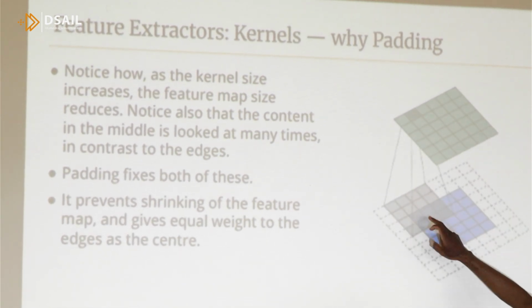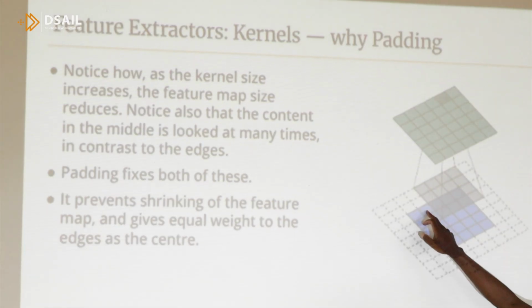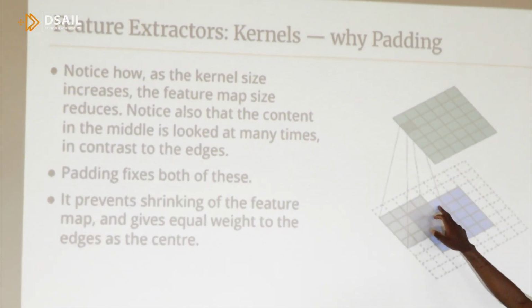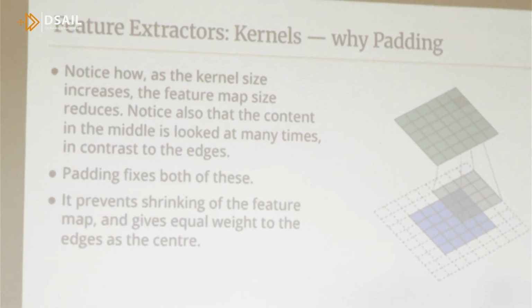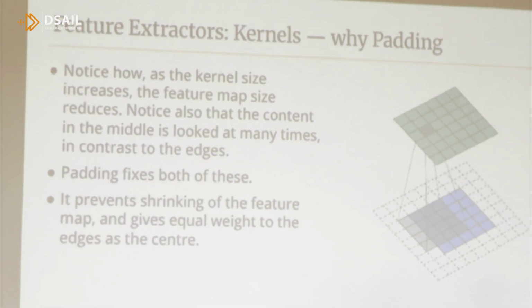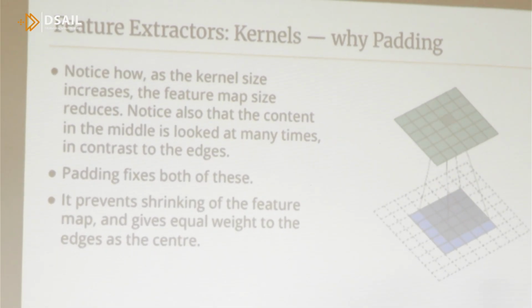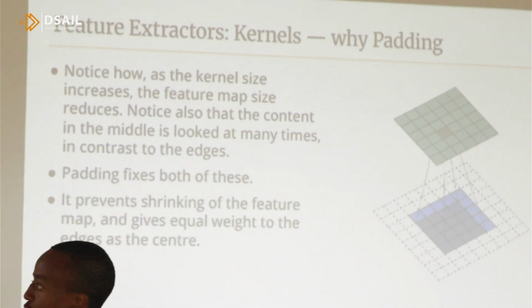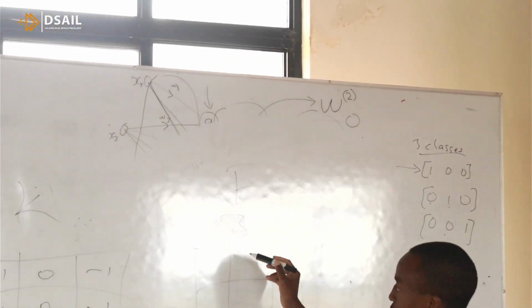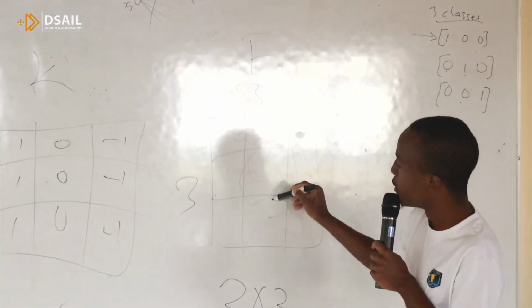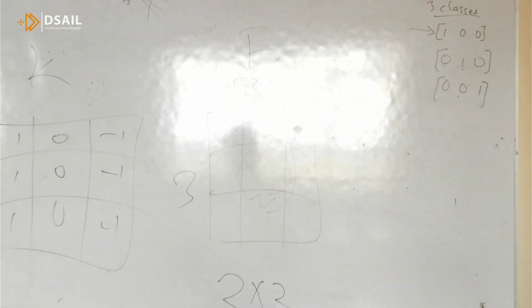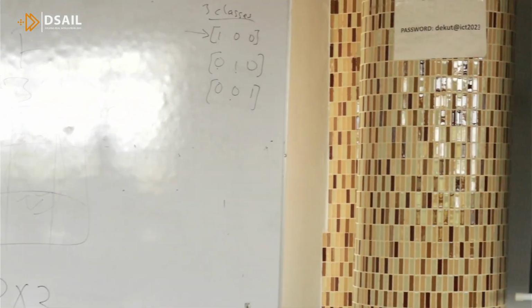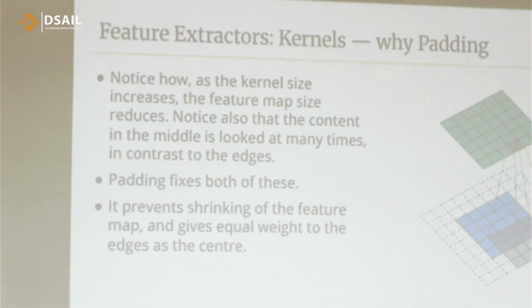Then when it goes here, this guy is covered again, so it's covered twice. And then when it goes here, this guy is covered 3 times. So as you move towards the center, the central pixels are traversed, so to say, convoluted more often than those on the edges. You get that? So the output feature map will actually be very concentrated with features coming from the central parts, but the edges are comparatively underrepresented compared to the central parts. Do you get that point?